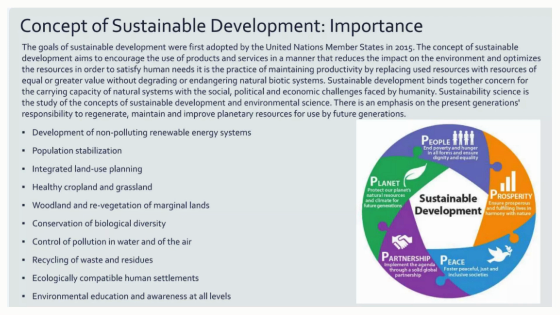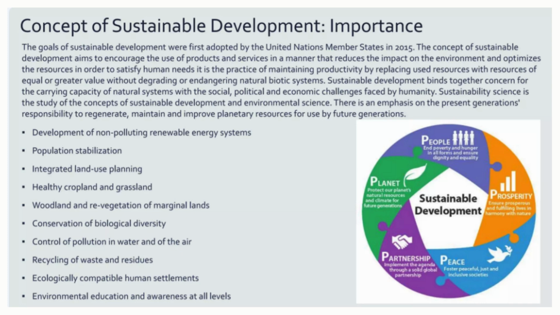Such as development of non-polluting renewable energy systems, population stabilization, integrated land use planning, healthy cropland and grassland, woodland and revegetation of marginal lands, conservation of biological diversity, control of pollution in water and of the air, recycling of waste and residues, ecologically compatible human settlements, and environmental education and awareness at all levels.